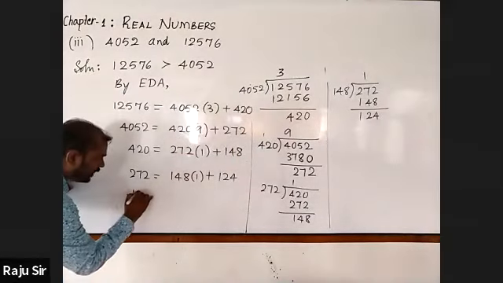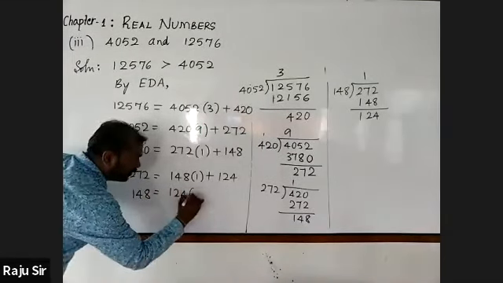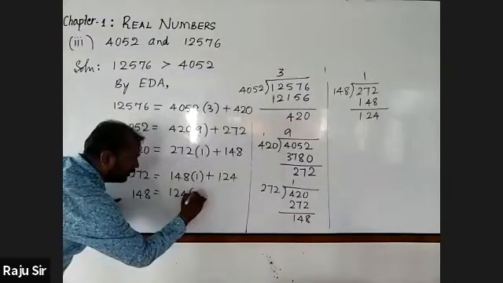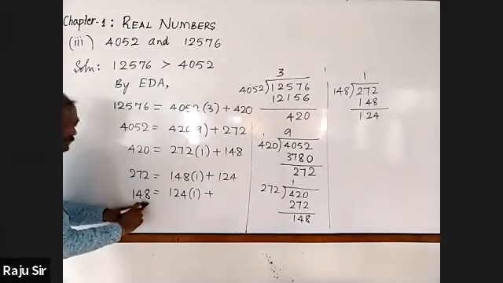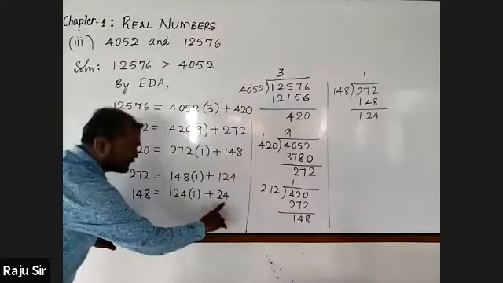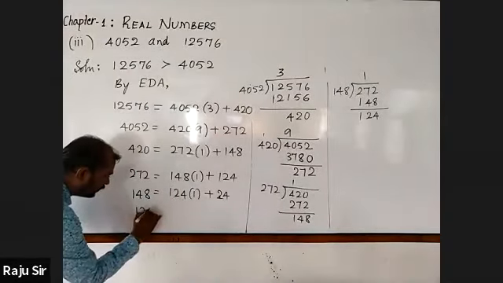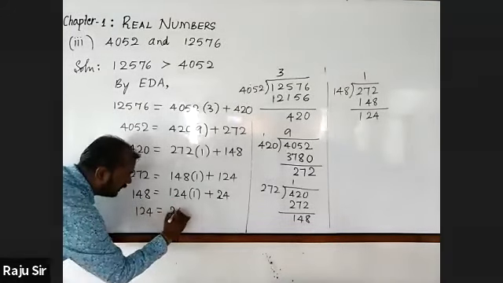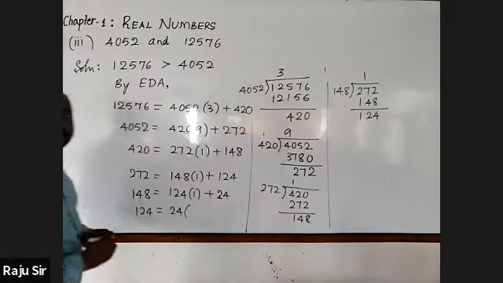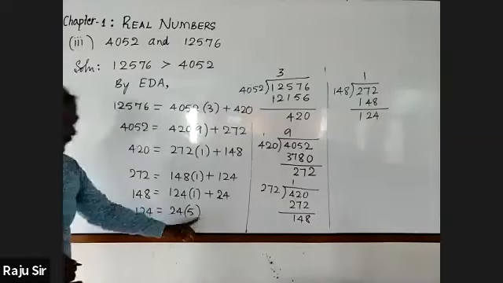So 148 is 124 1s are 124, plus 24. The remainder is not equal to 0. 124 can be written as 24 5s are 120 plus 4.